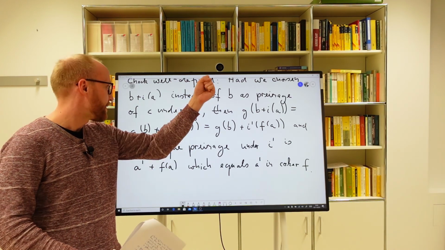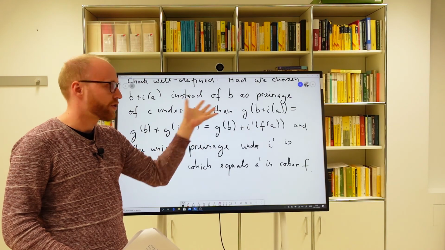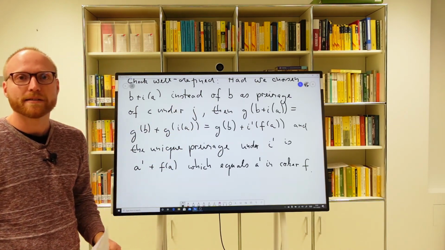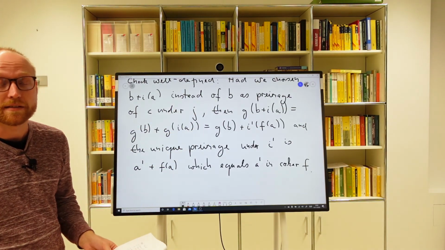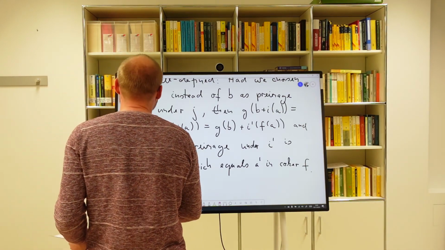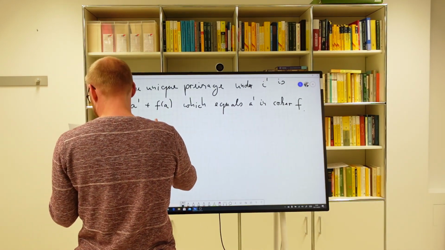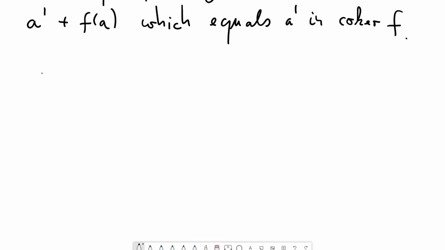It was defined by a construction, a choice, and so on, so there's no way we can easily know from the very start that this is a homomorphism. So that's something that needs proof as well. So this is the next thing we have to consider. We check it's a homomorphism.